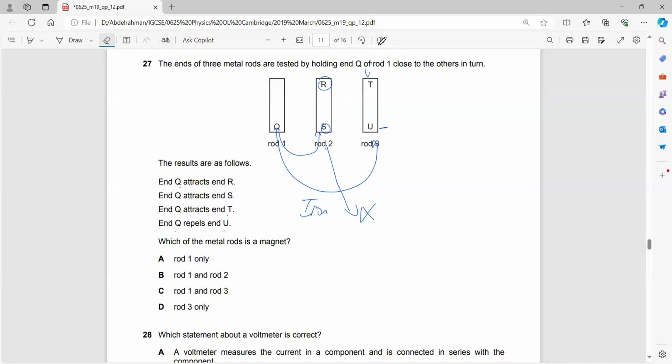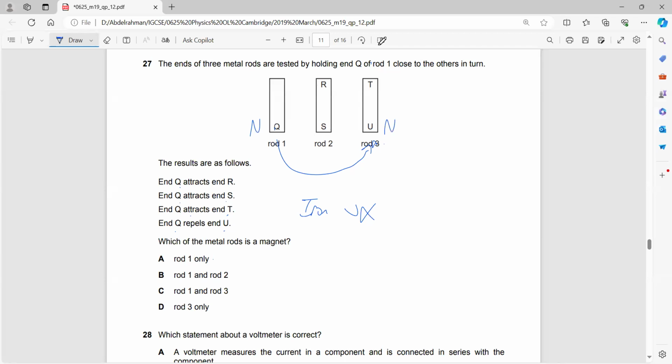Why? When Q repels U, this means that they both have the same pole. For example, Q was north and U was north, or south and south.